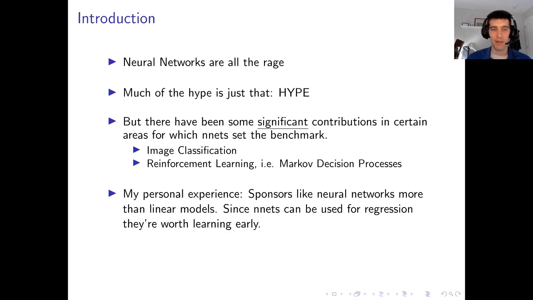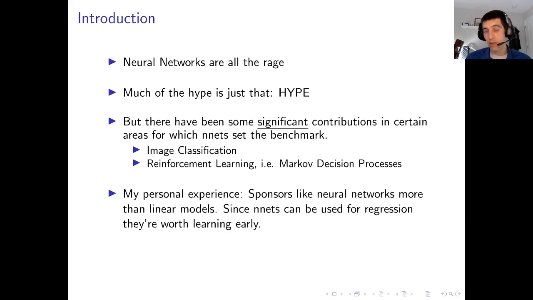I have no idea, but even when the performance gain between using a neural network and using something simpler is marginal, my experience has been that sponsors like neural networks, and I don't know why. Maybe it's just the trend.